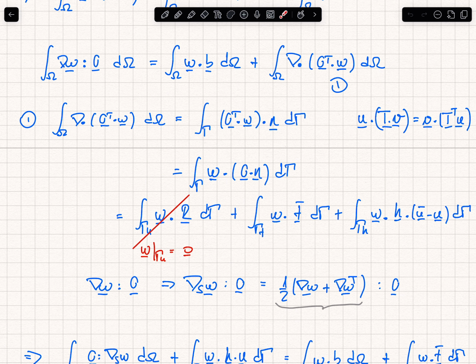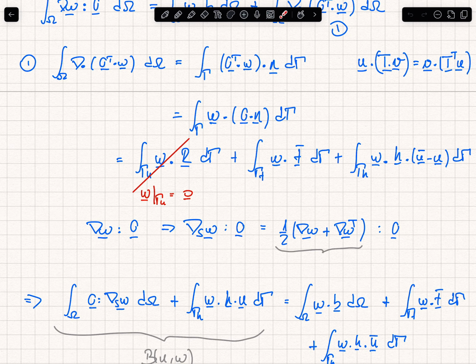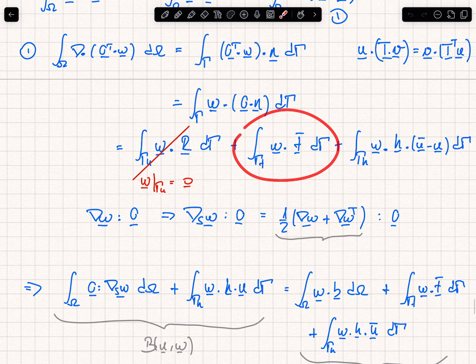Remember that the boundary is, of course, decomposed in three parts. You have the reaction force that we nicely get rid of by just satisfying the fact that the test functions are equal to 0 in that part of the boundary. And then you have the Neumann boundary condition and your Robin boundary condition.